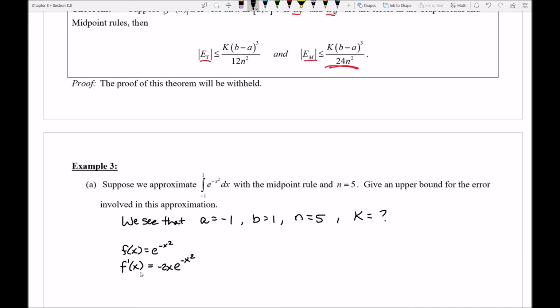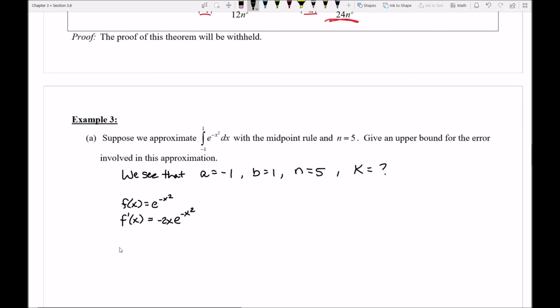Now, to take the derivative again would be a bit more complicated because it would require that I use the product rule. I'm going to save some time here and just quickly tell you what that formula is going to look like. But if you simplified it down as much as possible, you would get e to the -x squared times (4x squared minus 2). Okay, so this is my second derivative.